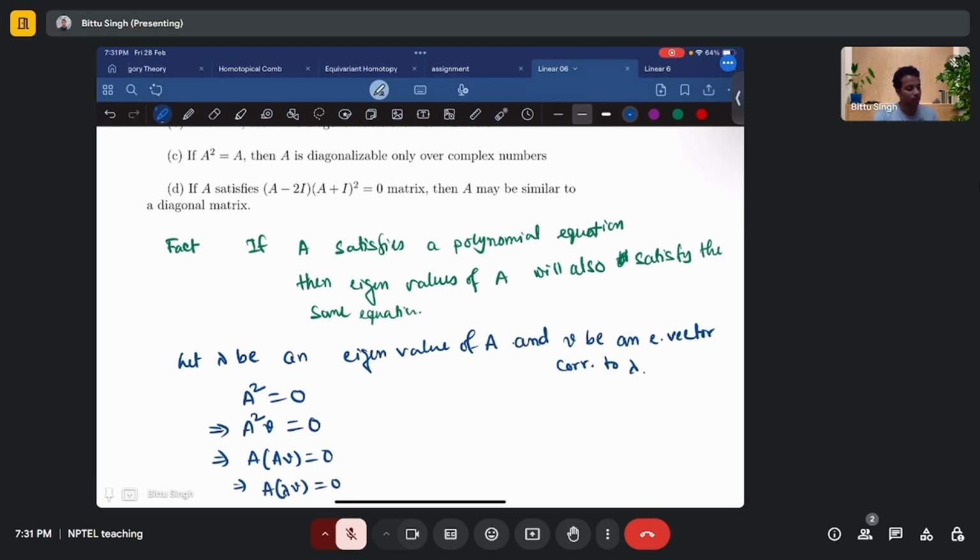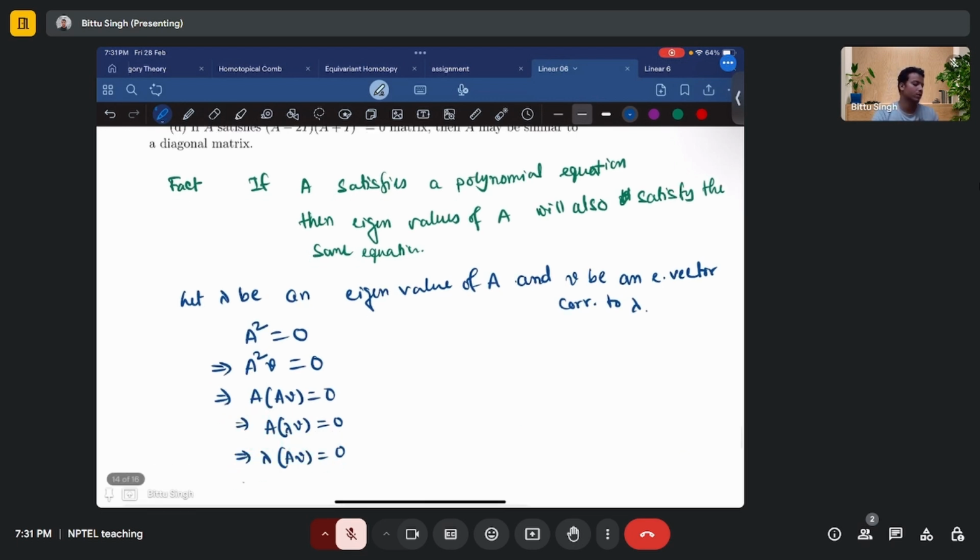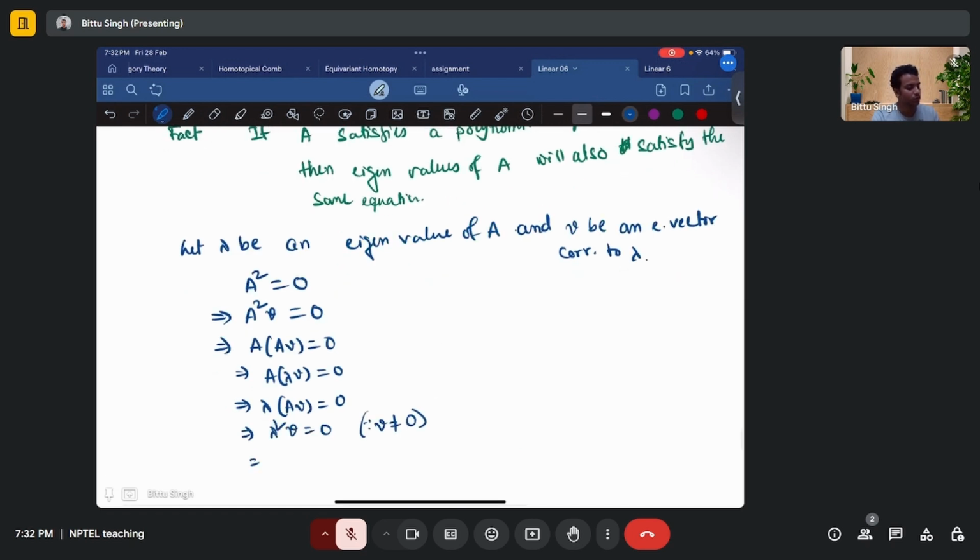Take lambda common, then we have lambda times AV equal to 0. But AV is the same as lambda V, so we have lambda square V equal to 0. Since V is non-zero, this will imply lambda square equal to 0.